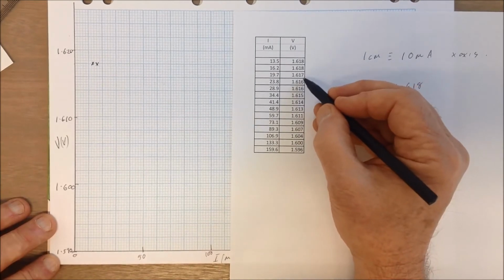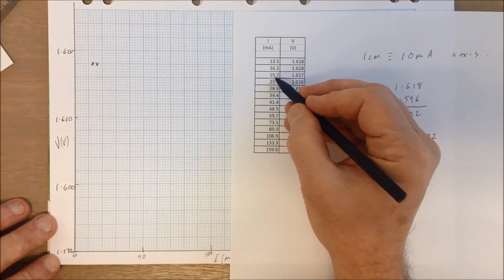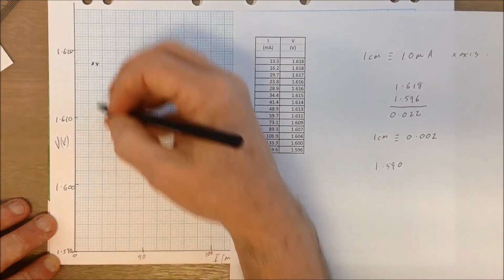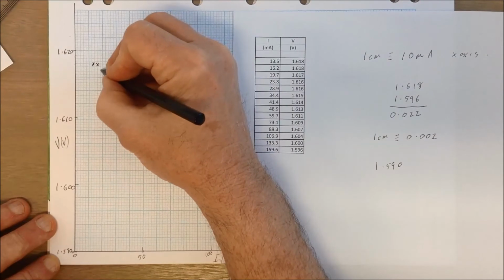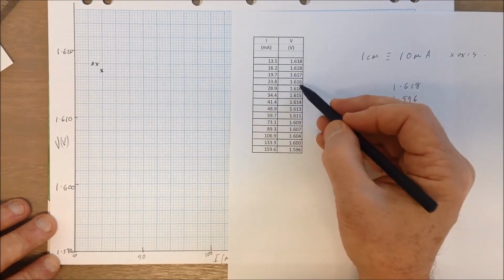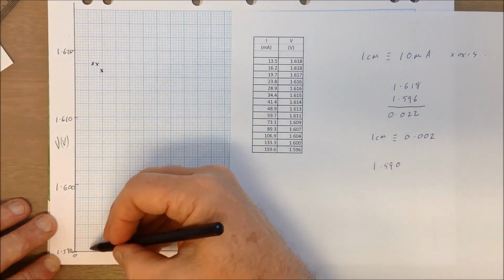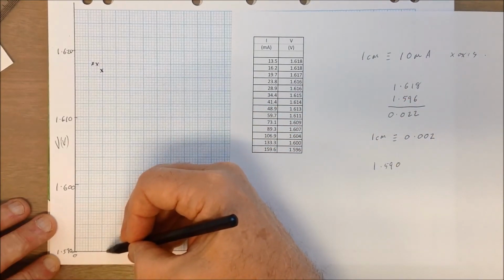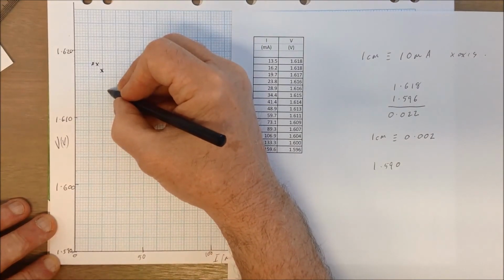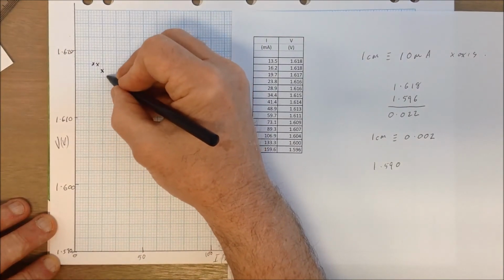So we've got to go to a fair draw of current, about 19.7. There's 20, 19.7 will be just less than there. The voltage has dropped to 1.617, which will be there. Then 23.8, 1.616. 10, 20, 22, 23.8, 24 is about there. 1.616.